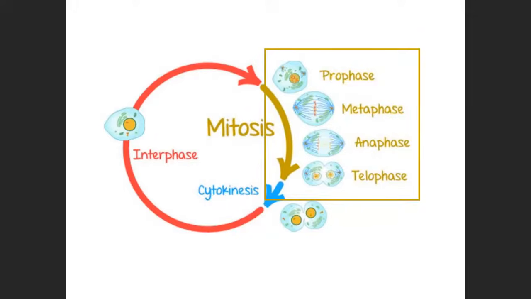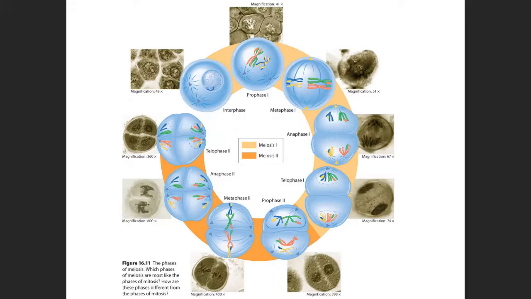Prophase is where you see the chromatin becoming chromatids. Metaphase is where they line up along the equatorial plate. Anaphase is where the chromatids separate. And telophase is the stage just prior to cytokinesis, where we see each clump of DNA surrounded by a new nucleus.